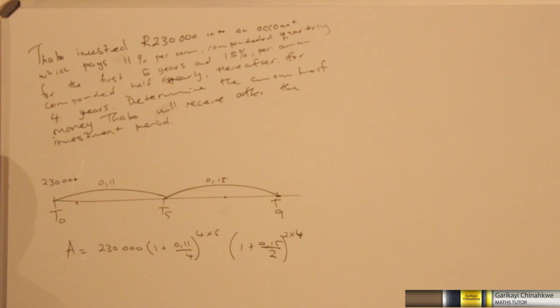Then you're supposed to just punch these figures into your calculator. 230,000 times 1 plus 0.11 over 4 to the power of 20. Then you say 1 plus 0.15 over 2 to the power of 2 times 4.